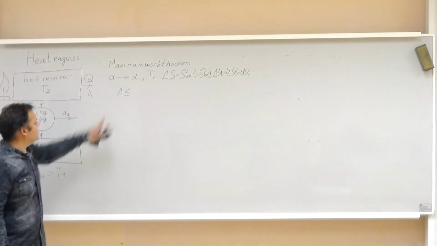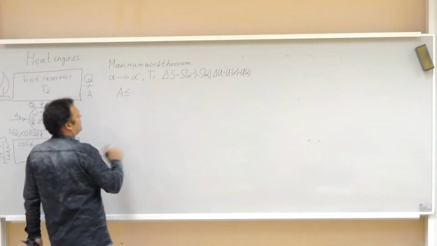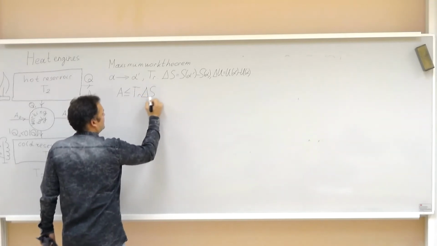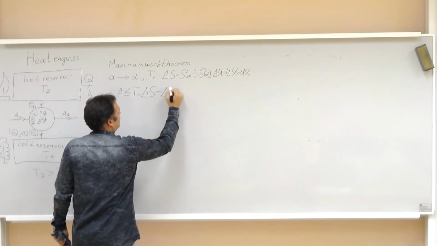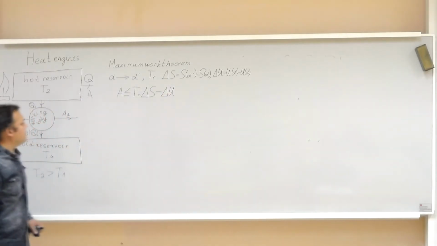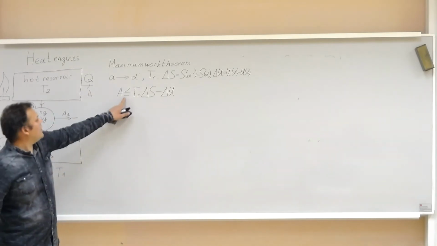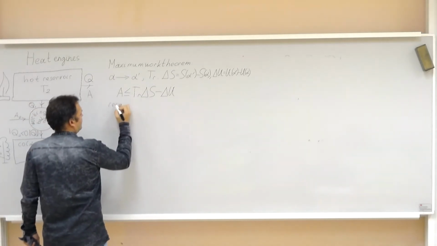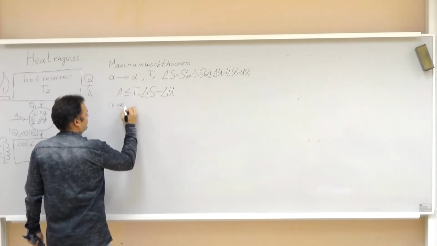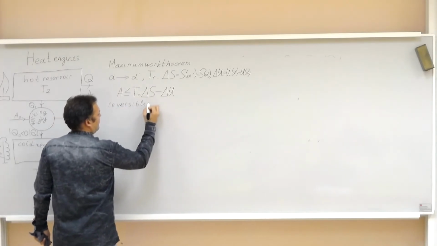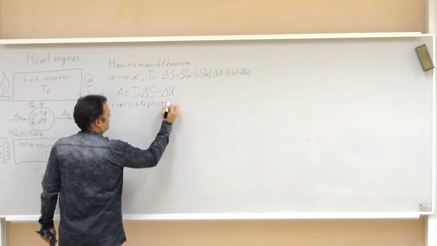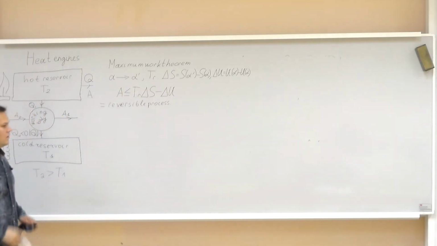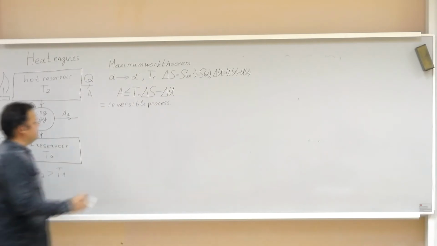Then the work produced by the system meets this inequality: A is less than or equal to T sub R multiplied by delta S minus delta U. The inequality becomes equality only in a reversible process. Let us prove it.